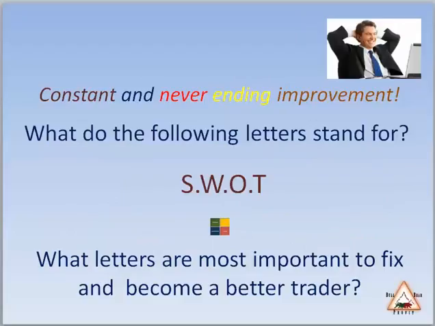All right, here we go. Next question, this is the information. Constant and never-ending improvement. What do the following letters stand for? There's your question. Strengths, weaknesses, opportunities, and threats.